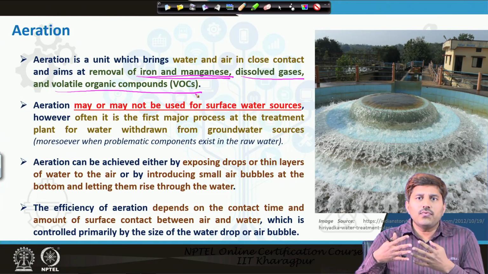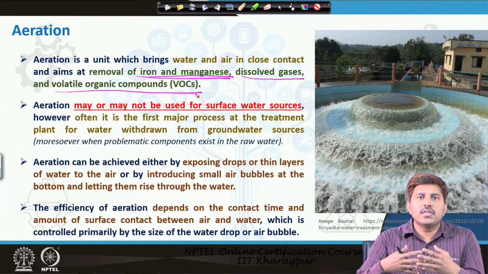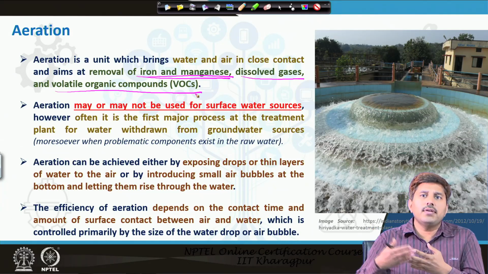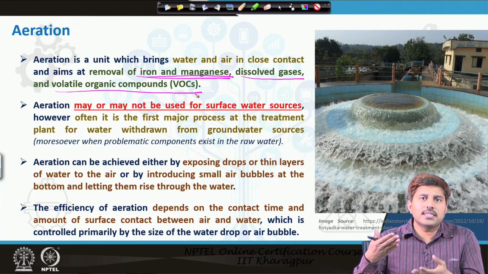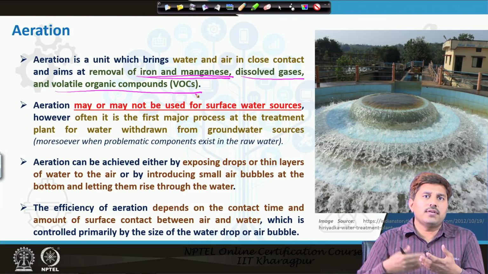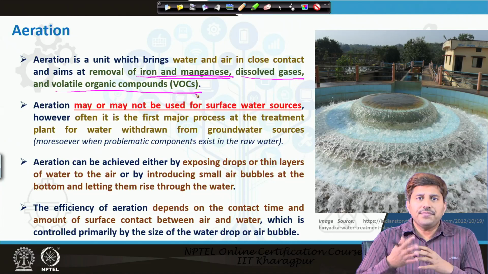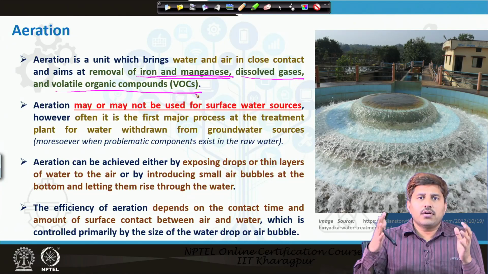In either way we try to enhance the contact between air and water, so that the oxygen level in the water increases by facilitating transfer of oxygen from air to water across the air-water interface.